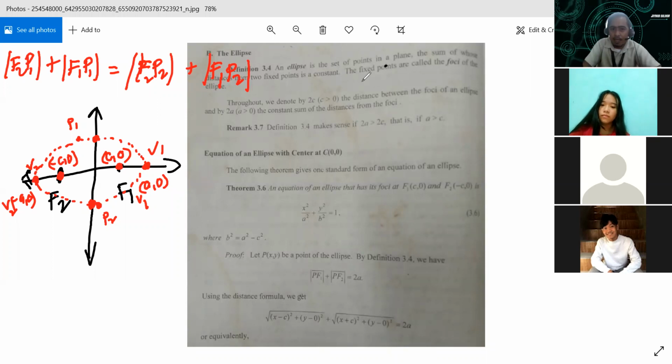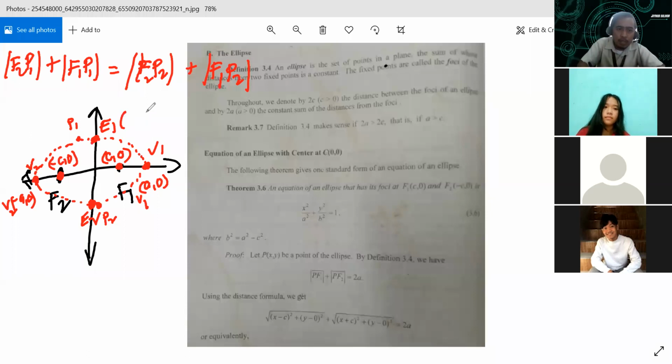But if it passes through your extremities, by the way, these are called extremities, E1 and E2, then that is your minor axis.